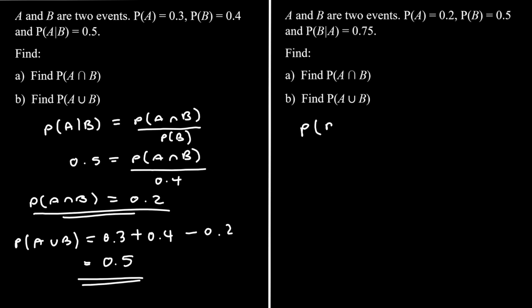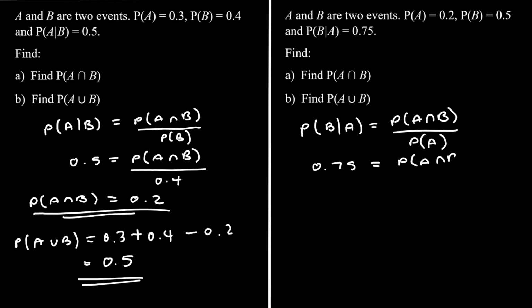So the probability of B given A will be the intersection of both of them, divided by what's given, which is A this time, probability of A. So 0.75 equals the probability of the intersection of A and B divided by 0.2. So what's the intersection? It's going to be 0.75 times 0.2.